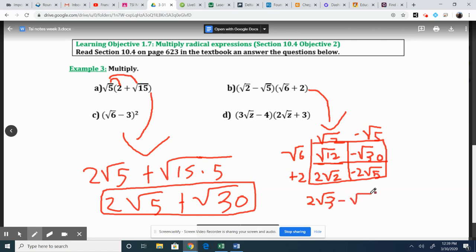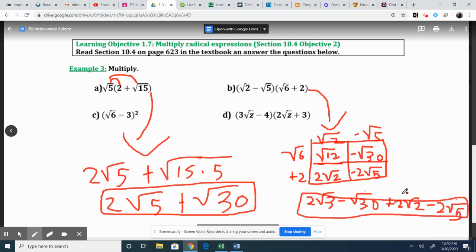Now to write out the rest of the answer, all you have to do is put the rest of the terms together. So 2 square roots of 5. And there's nothing else that you can combine, so that would be our final answer.